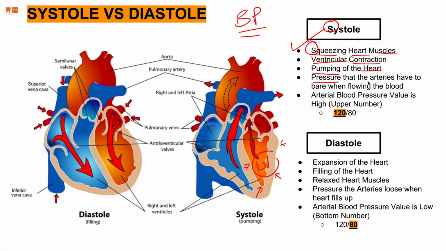But there's a pressure that the arteries have to bear when flowing the blood. So imagine that all of that blood from here is now entering the aorta, and then through the aorta all the way through the arteries. Let's understand how much pressure those arteries have to bear. That's what we call arterial blood pressure value.